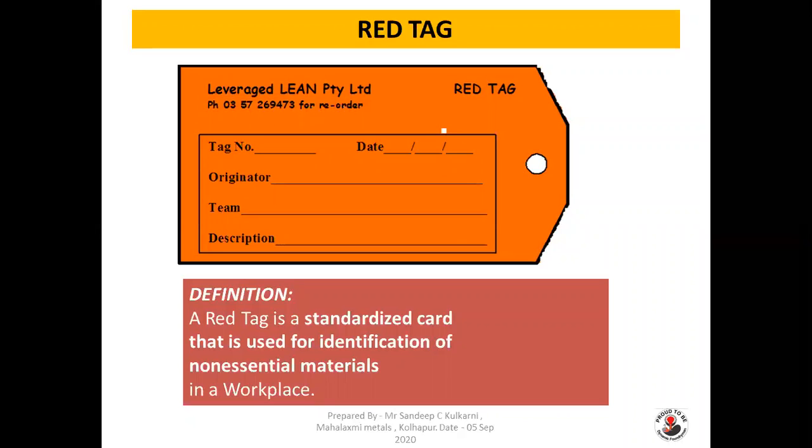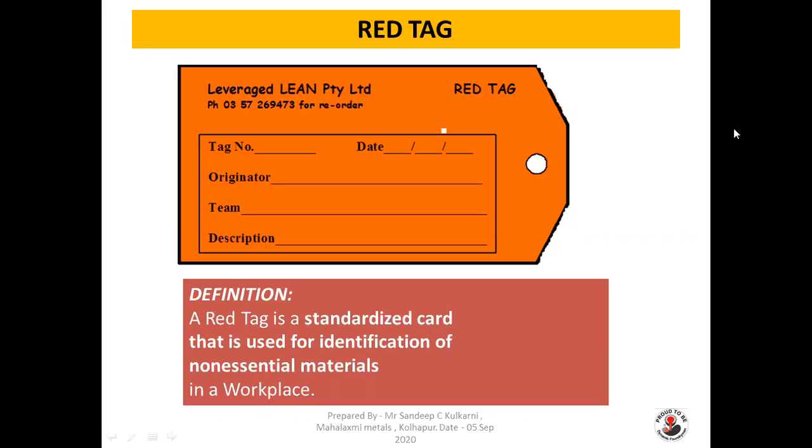And from that area, other persons or other sections can take some material if they want that material which is already rejected or already kept in the red zone area by somebody else. So this is how you can use this red zone area.